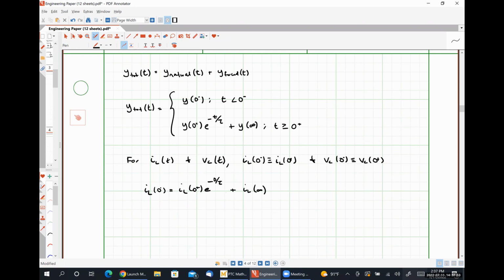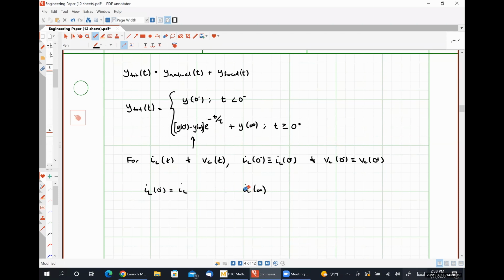So how we're going to adapt this is that our coefficient in front of our exponential function is no longer going to be just IL or y at 0 plus. Instead, what we're going to have is y at 0 plus minus y at infinity.